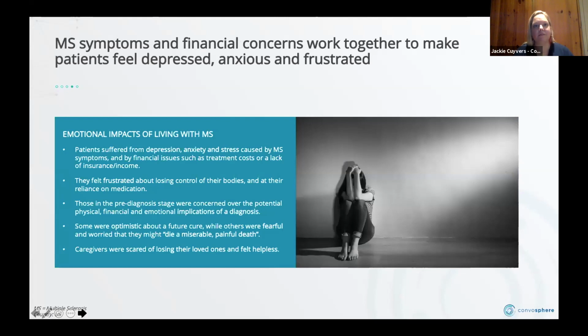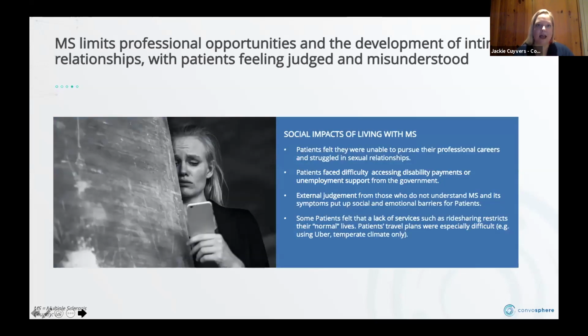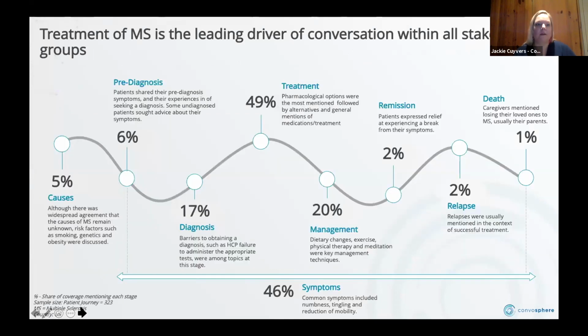The emotional impact is quite stressful. There's a financial burden. They can often become depressed because of lack of efficacy or side effects from treatments, and frustration about the treatments and the implications of the diagnosis. And it puts limits on their life and has them struggling in different personal and professional relationships.